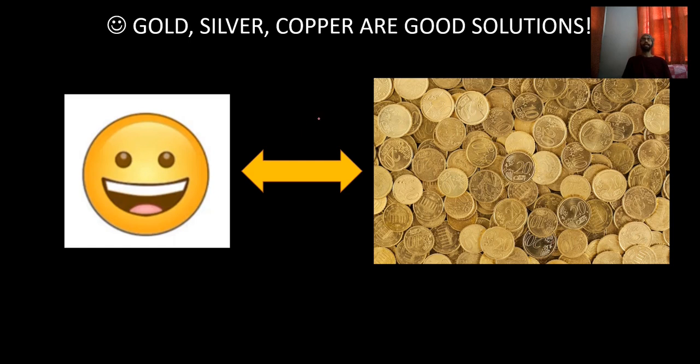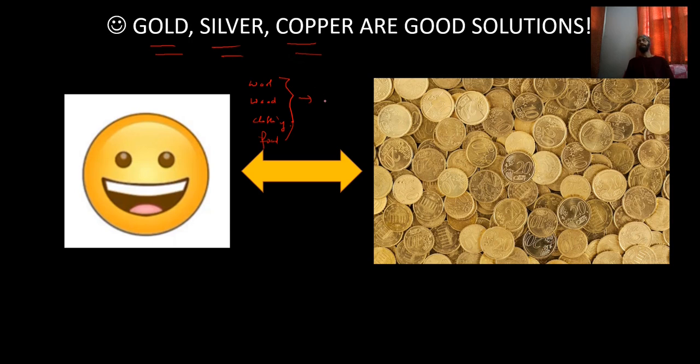Human beings decided to use certain precious metals and copper for exchange of goods. So human beings must have thought that there are different kinds of commodities, like wool, like wood, like clothing, right? Human beings must have thought that the exchange between these items can become much easier if we use a common denomination to it. That common denomination became gold, silver, and copper coins.